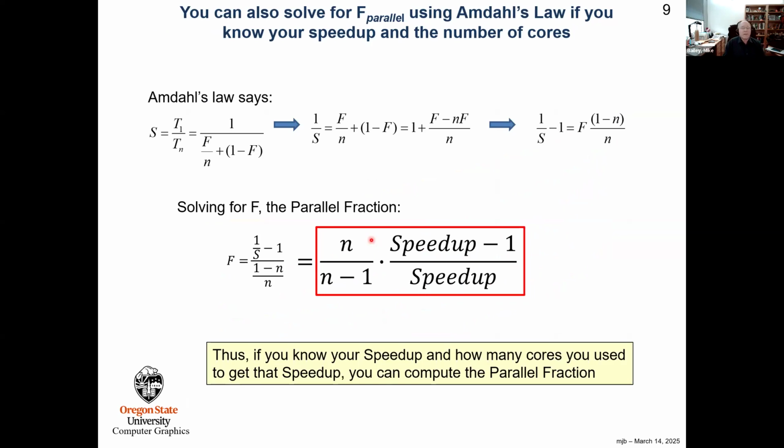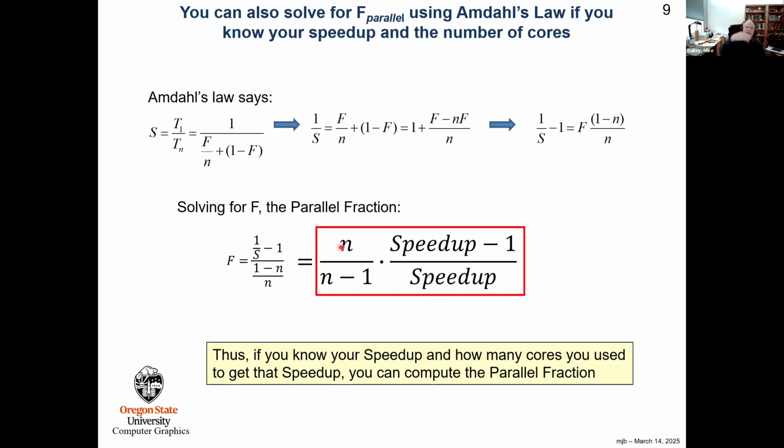Obviously there's an advantage if you know your parallel fraction. How can we get that? Well, this is Amdahl's law. And now if we go, well, algebra, algebra, some more algebra, we get this: if you have run an experiment with speed up, so maybe you ran your code with 1 core, then you ran your code with 8 cores, okay, n would be 8.